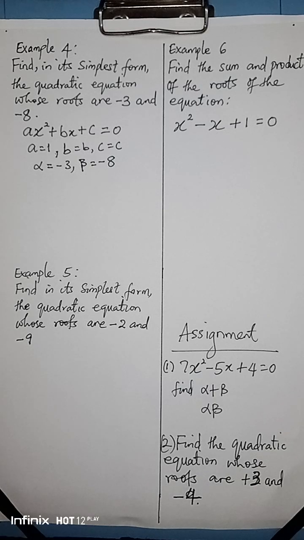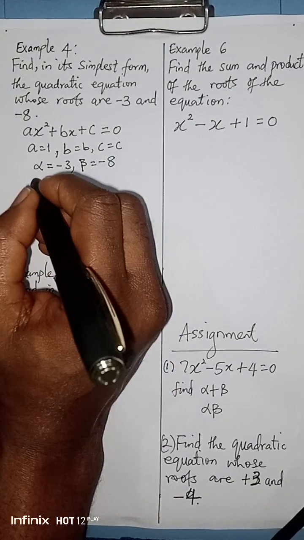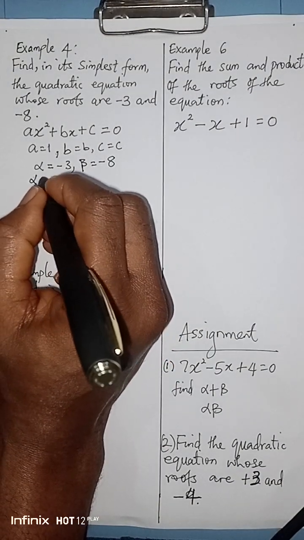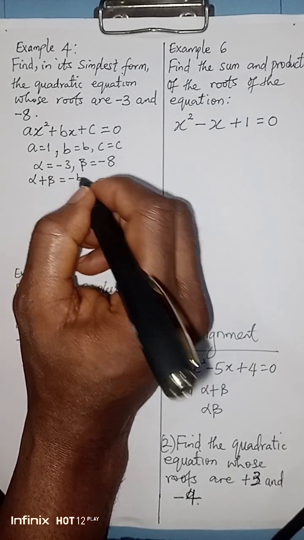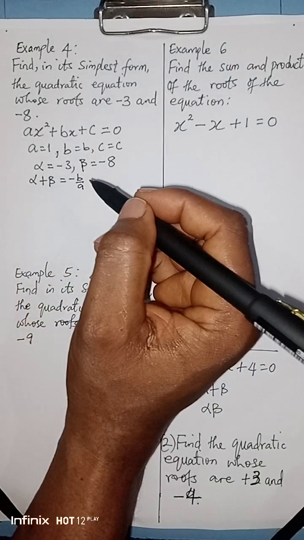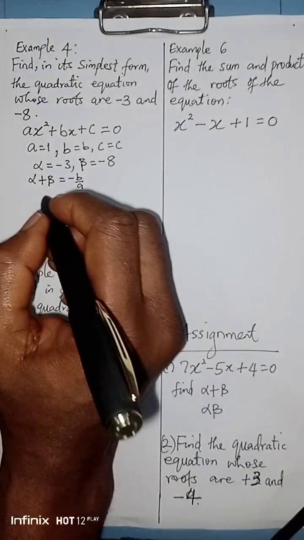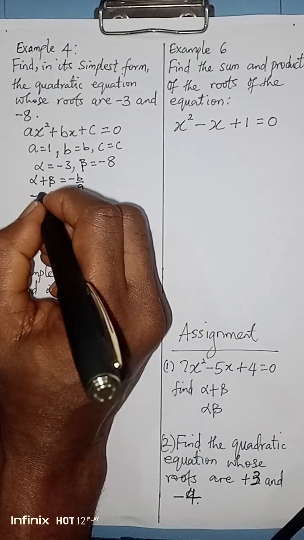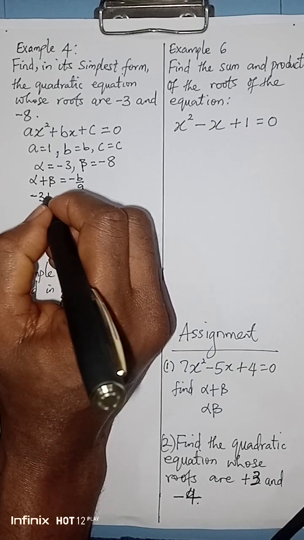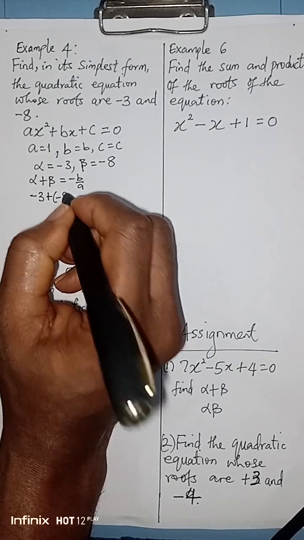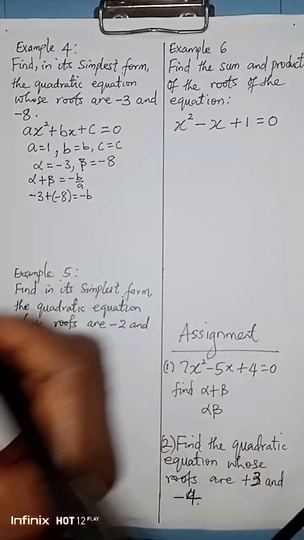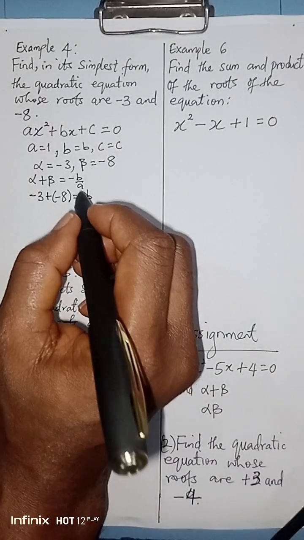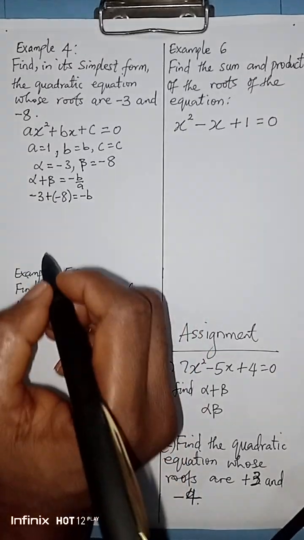So with this, we know what to do next. Look for alpha plus beta. Alpha plus beta is equal to minus b over a. This is minus 3 plus minus 8 equal to minus b. A is 1, so minus b divided by 1 will be minus b.